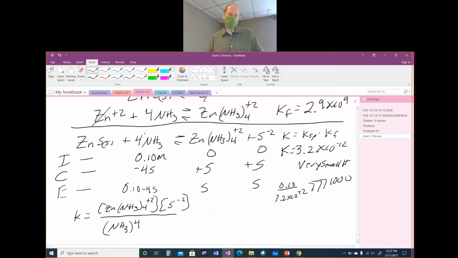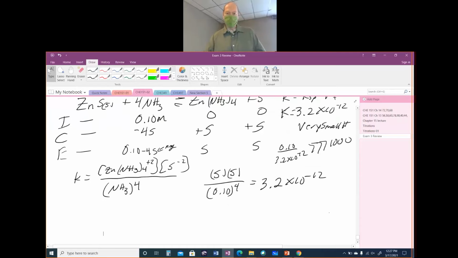Our Zn(NH3)4 plus 2, that's S. S minus 2 is also S. The NH3 is 0.1 minus 4S. We can neglect our minus 4S, so that is simply 0.10 to the fourth, and that is equal to 3.2 times 10 to the minus 12.